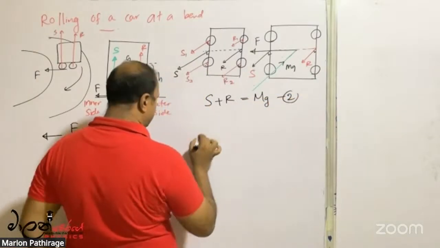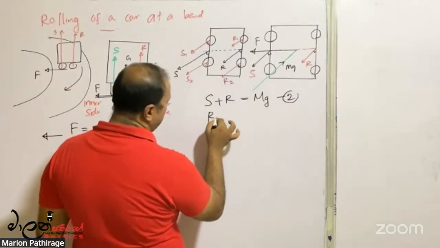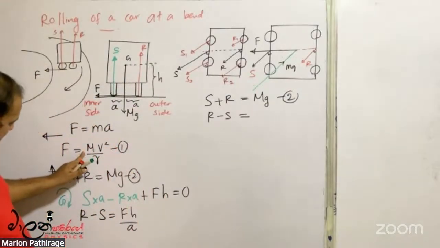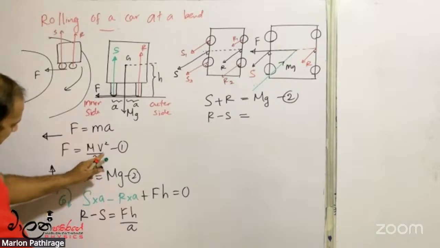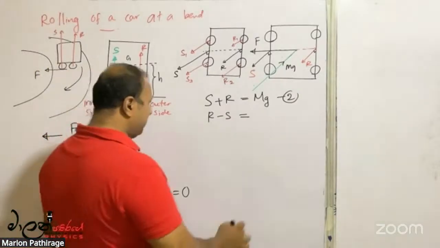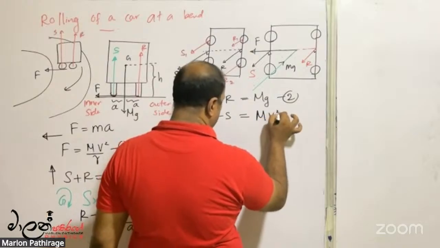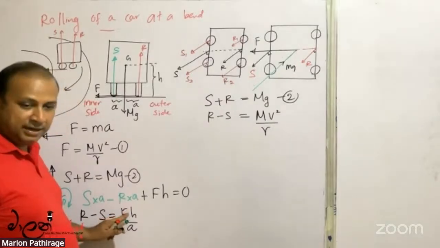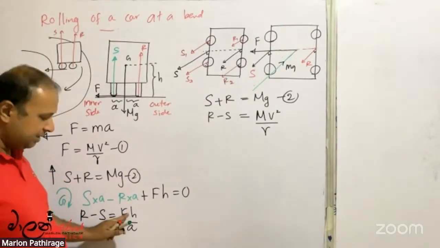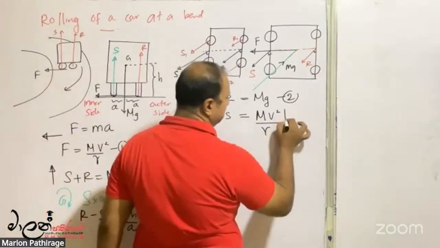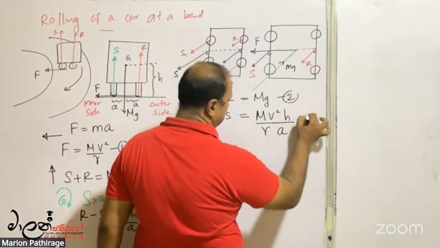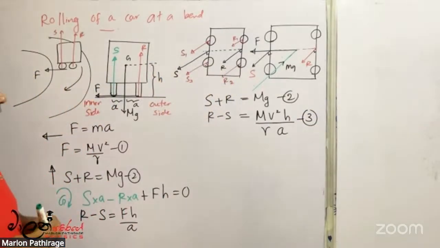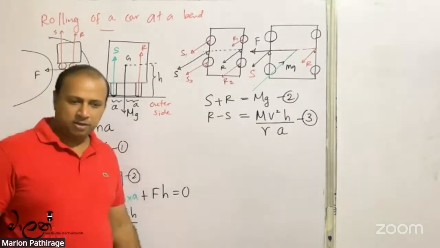You'll get R minus S equal to M V squared over R times H over A. If you got this, please try it. Probably you don't know how to solve.